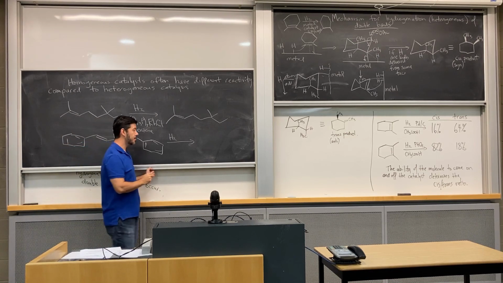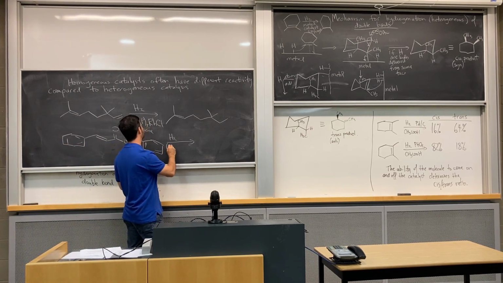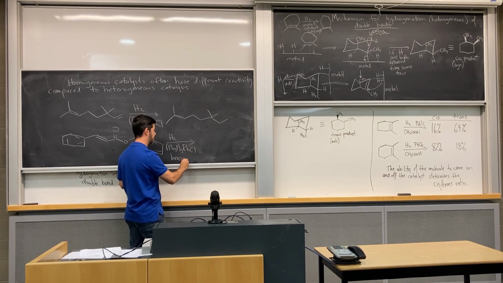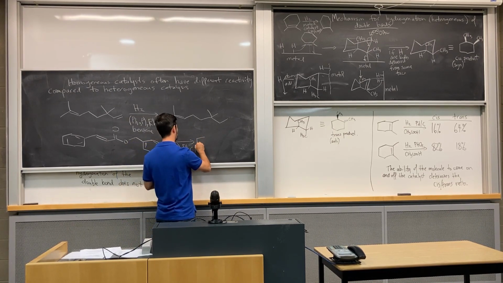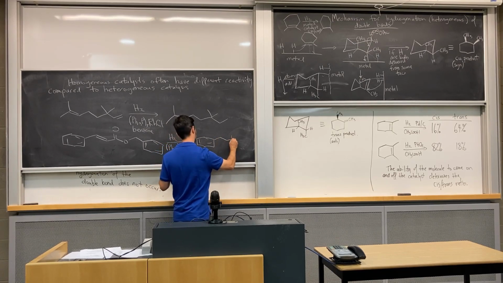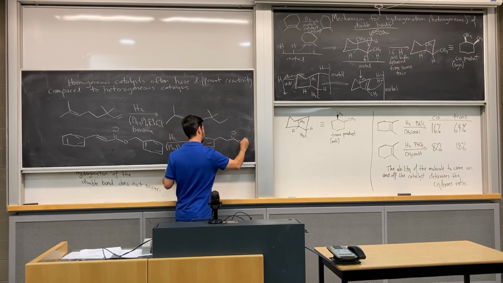So very, very powerful in its chemoselective nature. And again, I'm just showing you benzene because that's the organic solvent. So let's talk about the mechanism of how homogeneous catalysis works.